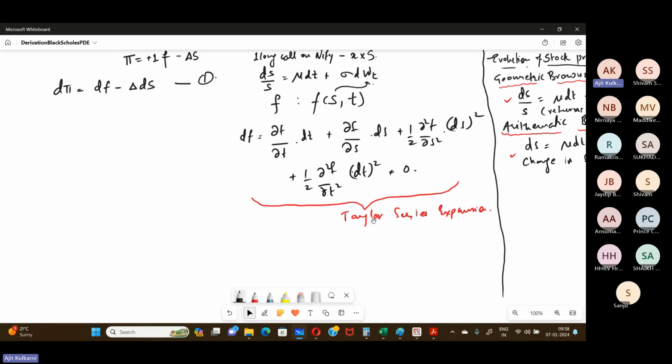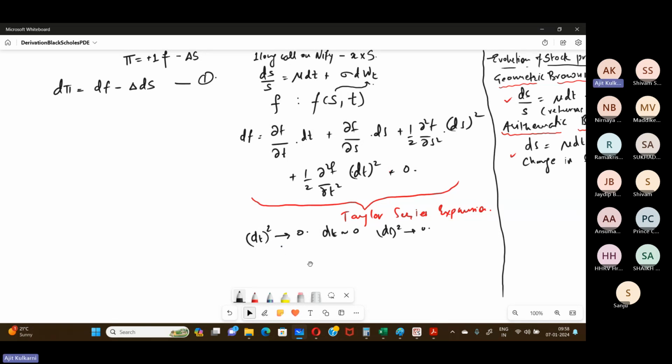So now let us look at this. You have df is equal to dou f by dou t into dt and so on and so forth. Now let us look at the term dS square. The term dt square also tends to 0, because dt is a small term, close to 0, so dt square definitely goes to 0 at a much faster rate.